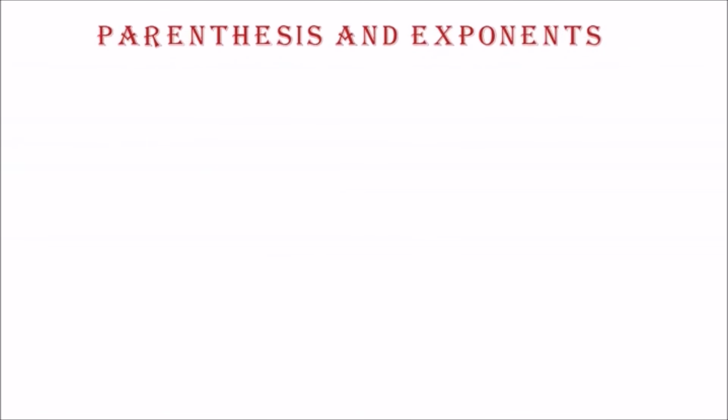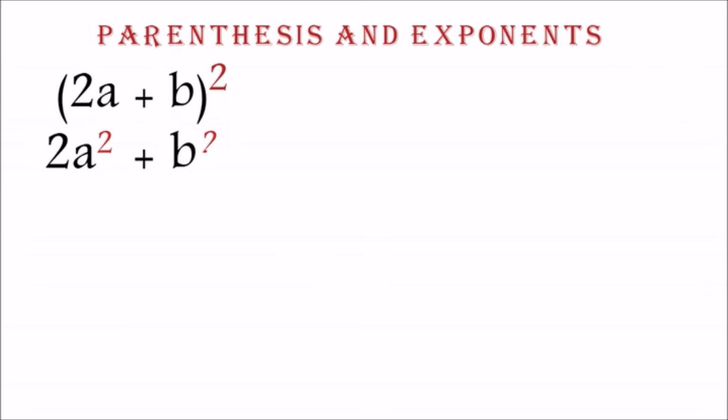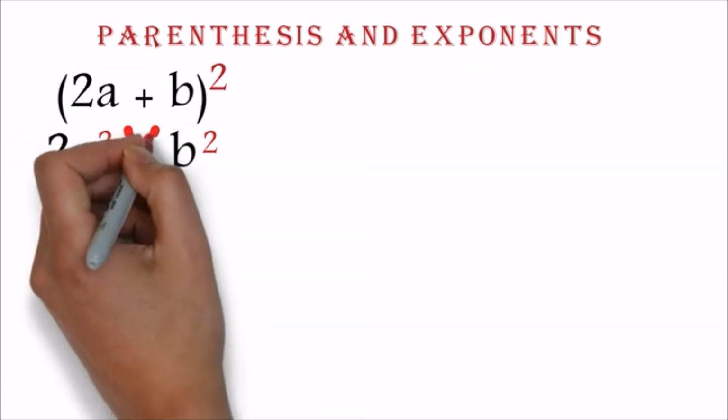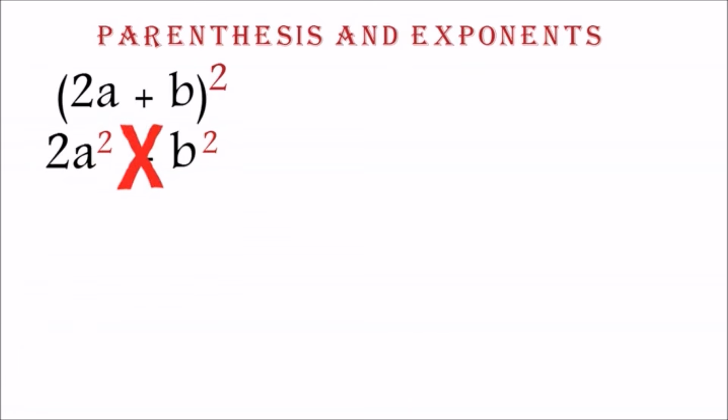Parentheses and exponents. The most confusing thing to students is dealing with exponents on parentheses. Example, in parentheses, 2a plus b, squared. Students are tempted to expand it as 2a squared plus b squared. This is very wrong. We treat terms in parentheses as though it is one number.